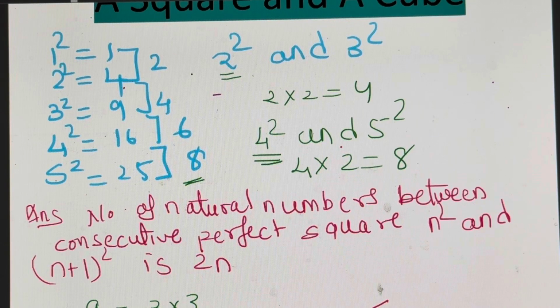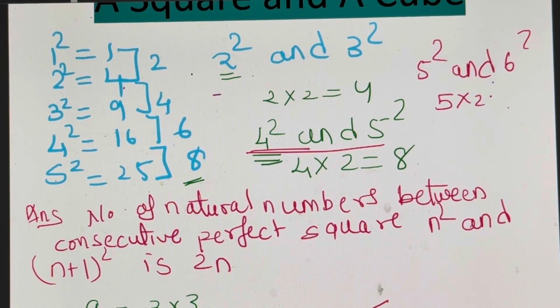If you don't remember the statement, just remember that whichever are the two perfect square numbers, take the smaller one and double it. Okay? Suppose one more example, we'll take 5 square and 6 square. You want to know how many numbers lie between 5 square and 6 square. Out of this 5 is small, so 5 2s are 10. There will be 10 numbers. Okay?